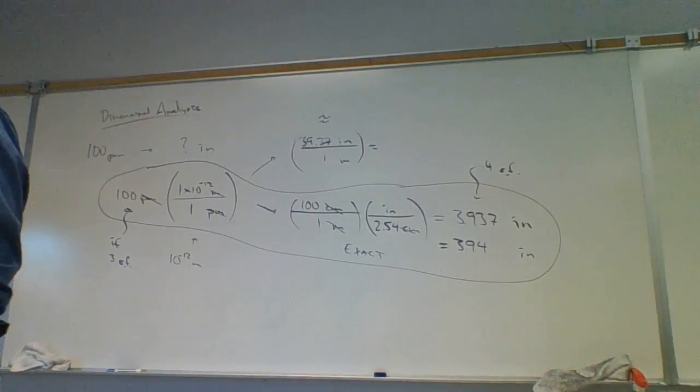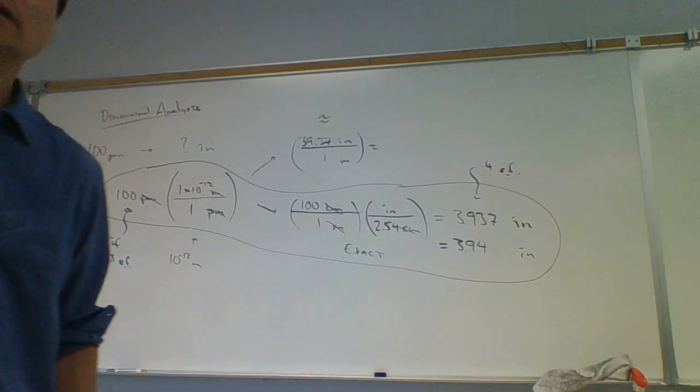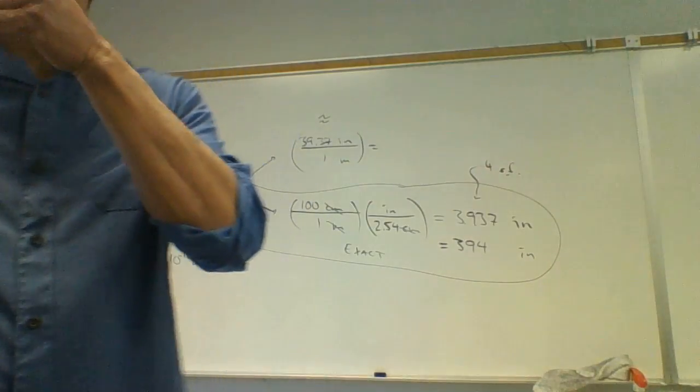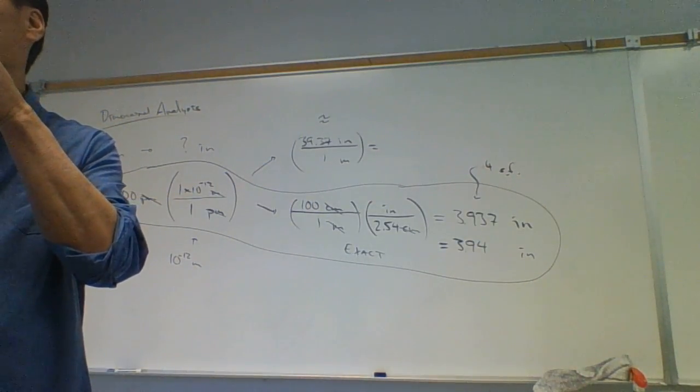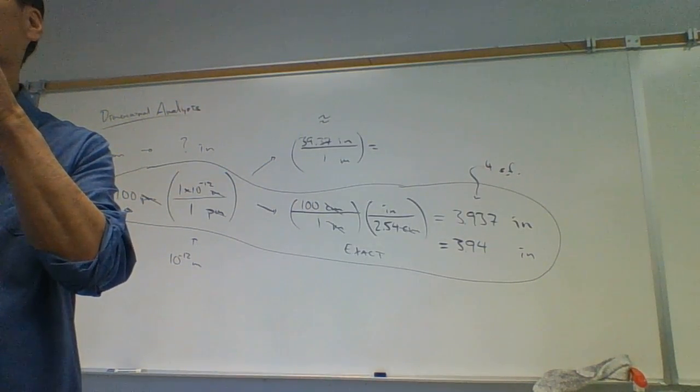What if on my calculator I got 0.0004? Then you got to check the settings, because your calculator's rounding. Calculators are going to round. How many digits can your calculator carry?